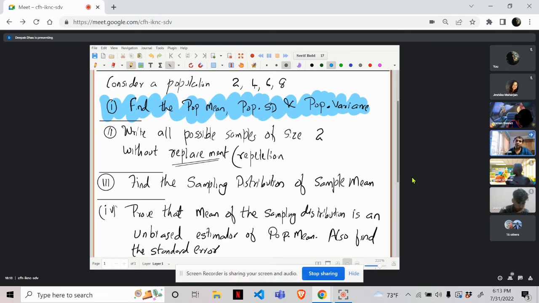Others also please keep videos on. Rael, Pravesh, keep videos on, please. Especially Rael, otherwise you'll feel like touching that mobile, watching it.